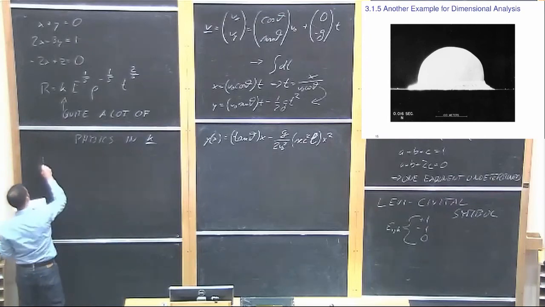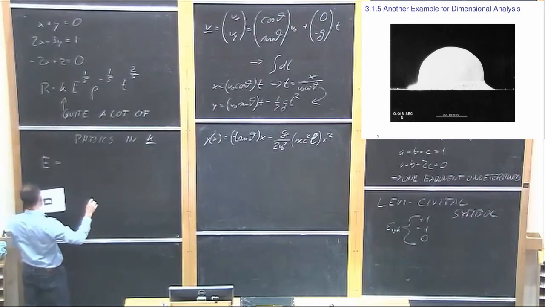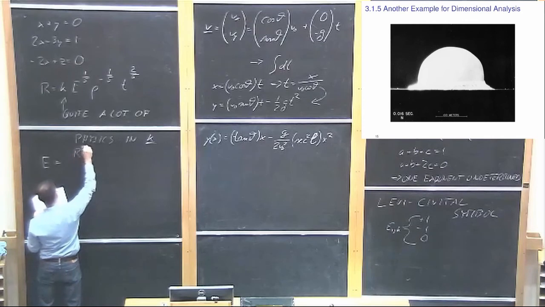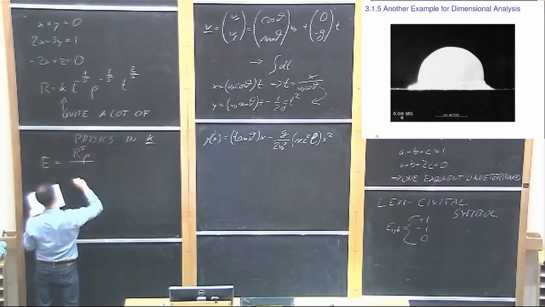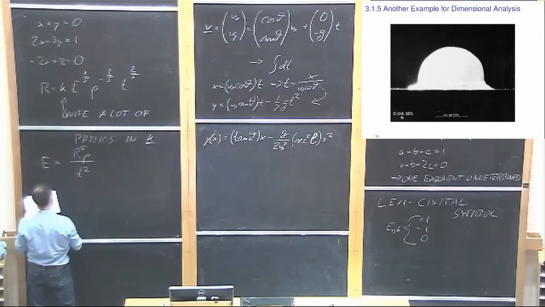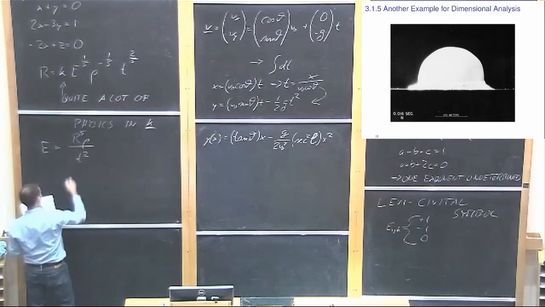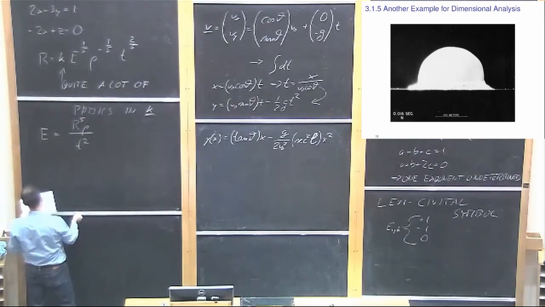But if you rewrite that, and it turns out to be really roughly 1.0 for air, you get E equals r to the 5 rho over t squared. And with that, you can see the radius goes in quite well.